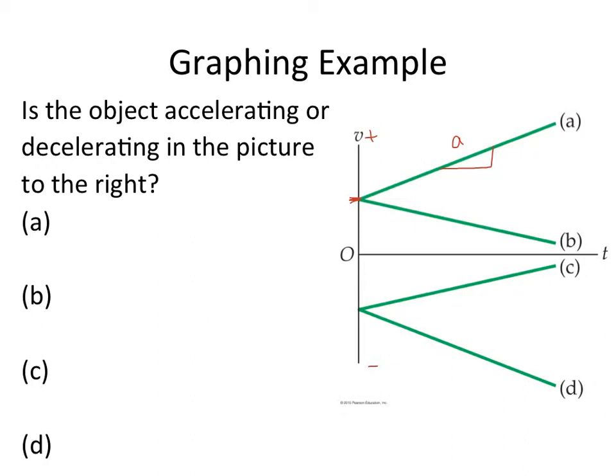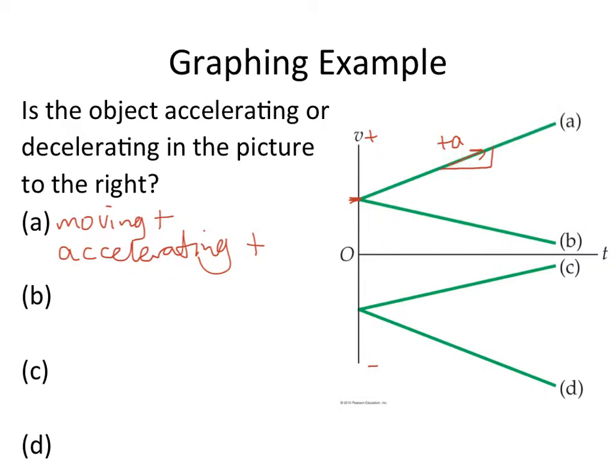What kind of slope is that? That's a positive acceleration. It's a positive slope going up like that. So it's moving positively and accelerating positively. All right, so it's going faster and faster in the positive direction.